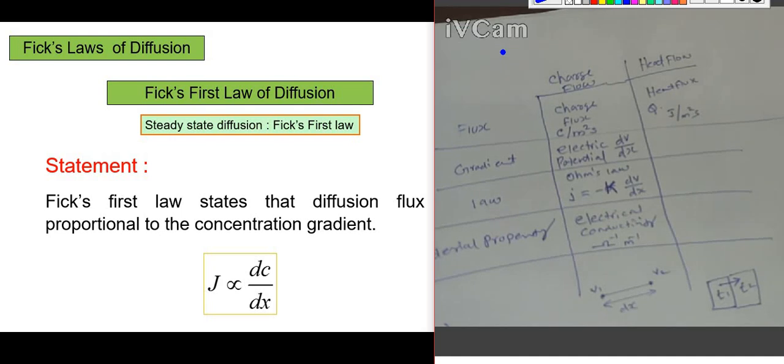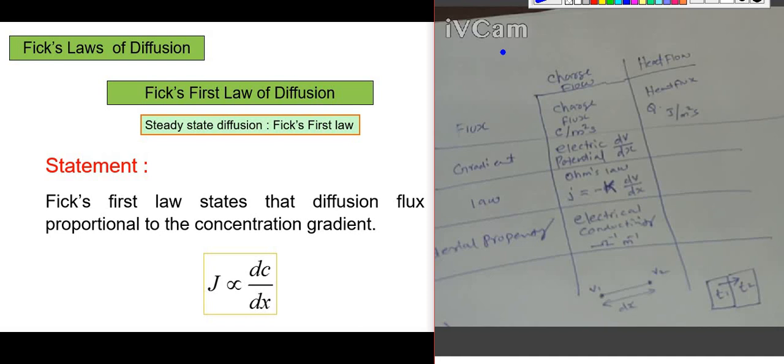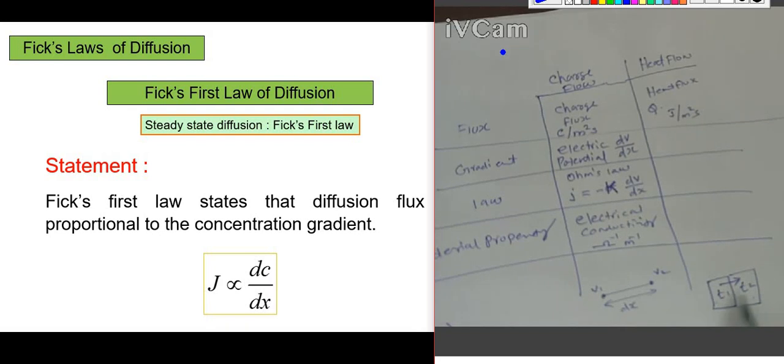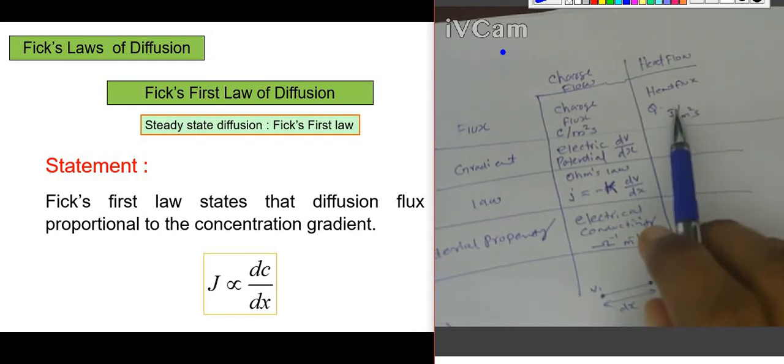And what is the gradient here? The gradient is nothing but the temperature difference. If the temperature is the same, there will not be any heat transfer between the two points. But here, this is the hot medium and this is the cold medium, so there is a temperature difference between these two areas. That is the reason for this heat transfer.